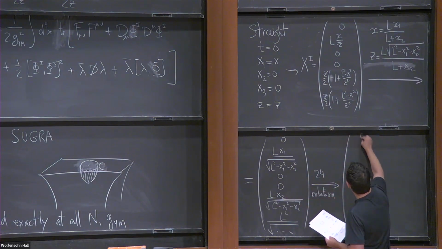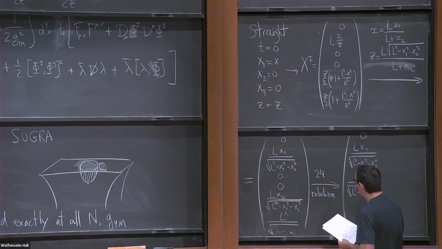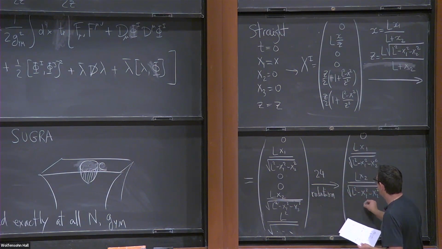So this would be 0, Lx1 divided by the square root of L squared minus x1 squared minus x2 squared, Lx2 divided by the square root of L squared minus x1 squared minus x2 squared. And then we're going to have 2 zeros, and then L squared divided by the same square root.